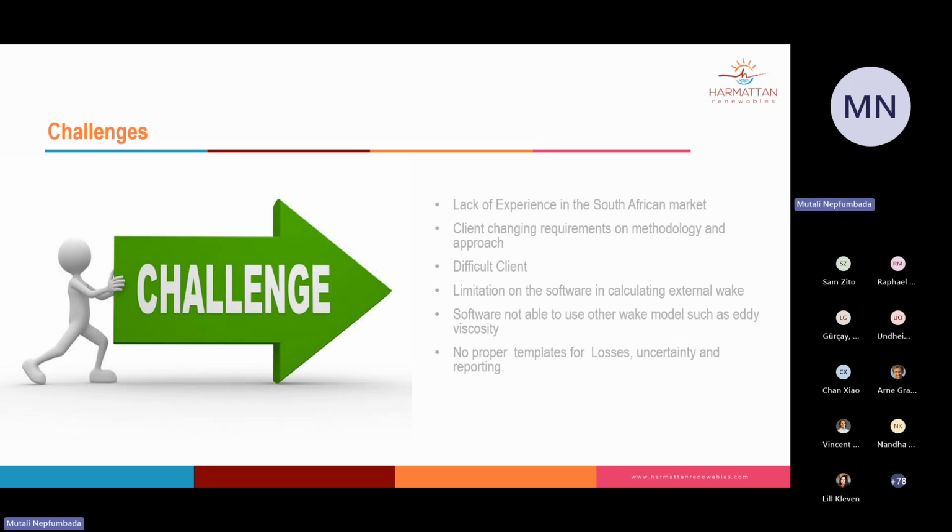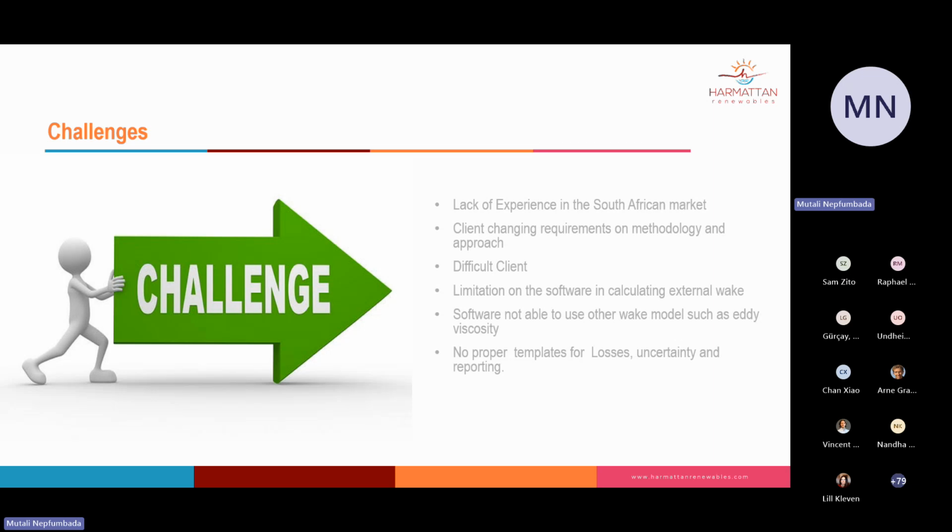They basically wanted to use a viscosity model, and we suggested the NSIM model, because the client didn't know what model to use for the terrain, but based on their experience they thought the viscosity model was better.